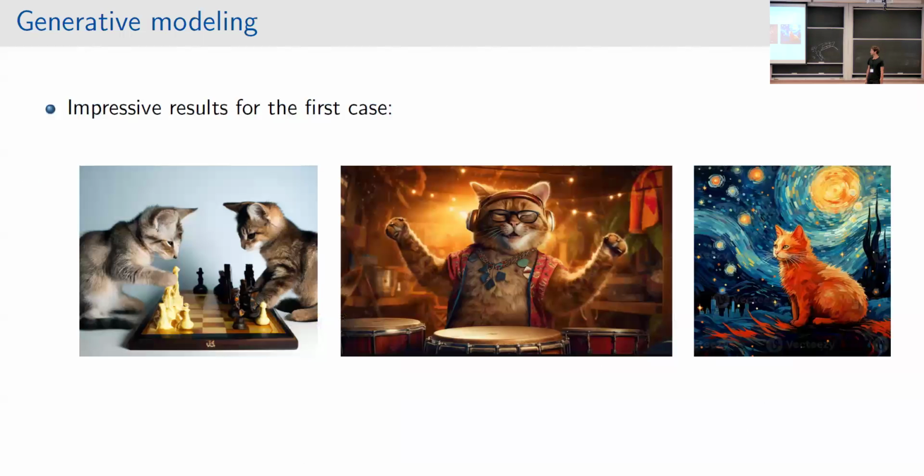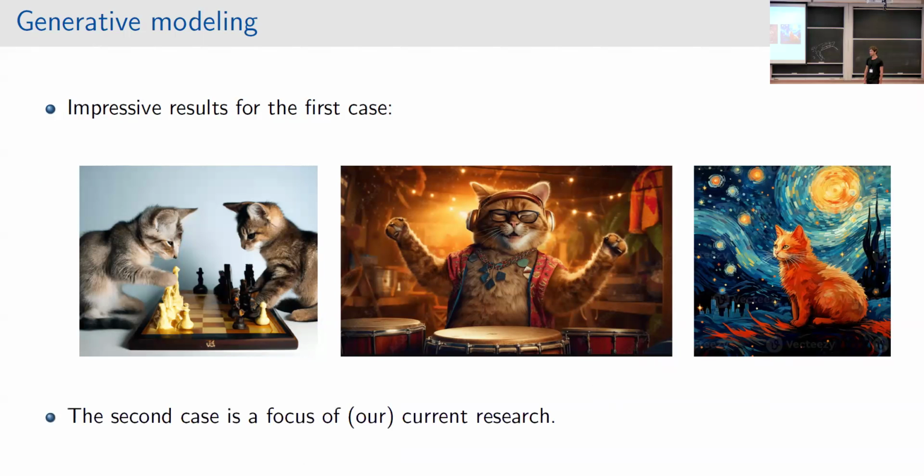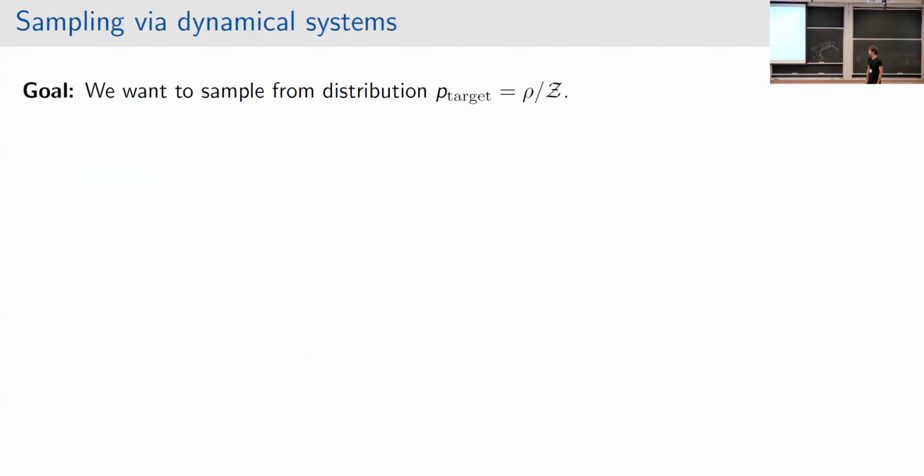And I guess you all know that the first setting has led to really impressive results, impressive in particular because these problems are very high dimensional. However, the second case is, I would say, a little bit less mature, and this is why we focus on that case. So we don't assume any data samples, but only an unnormalized density. And to formalize this a bit, the goal is to sample from this target density, which I write here as an unnormalized function rho and the normalization constant z.